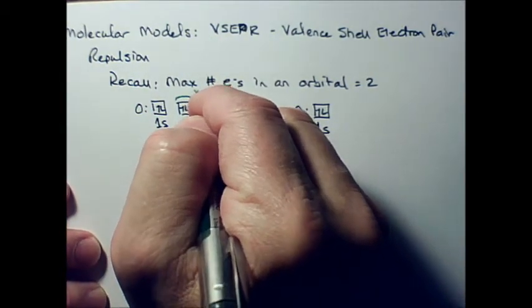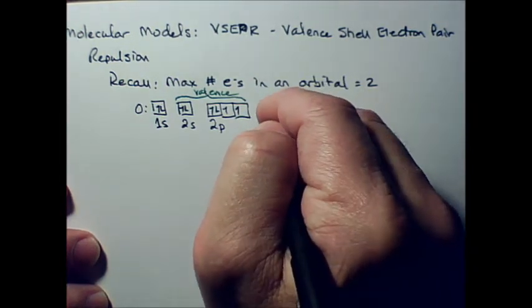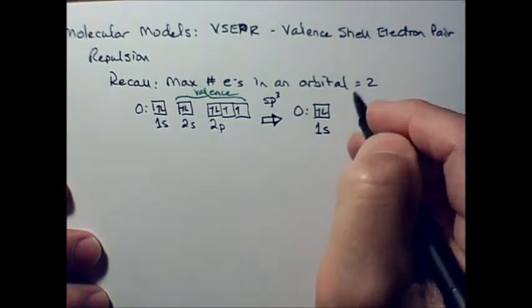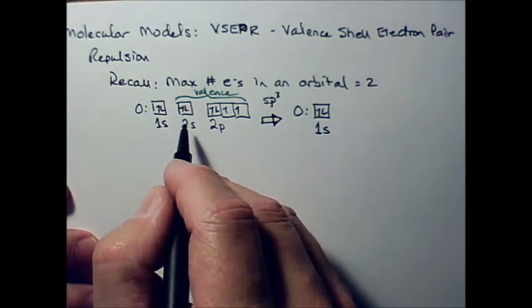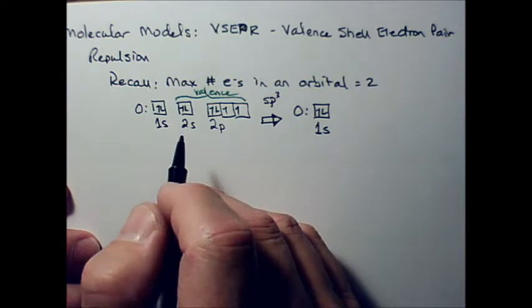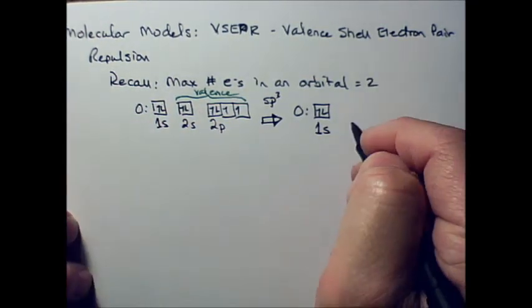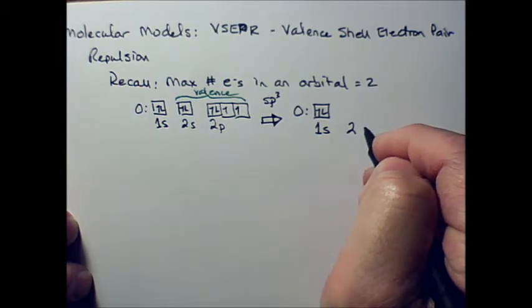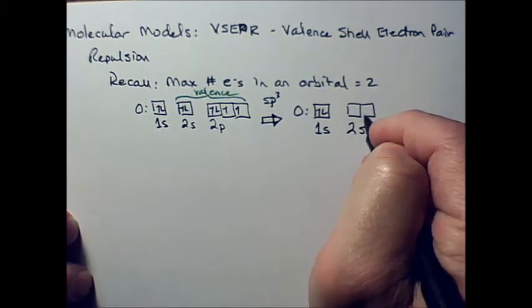That's oxygen's valence. So when we hybridize oxygen into sp3, instead of having separate s and p sublevels, we're going to have one new hybridized sublevel called an sp3. So we're in the second level, sp3, and the 4 orbitals all go together.